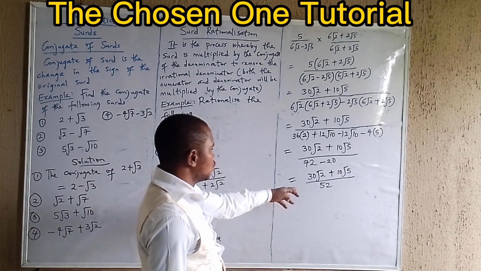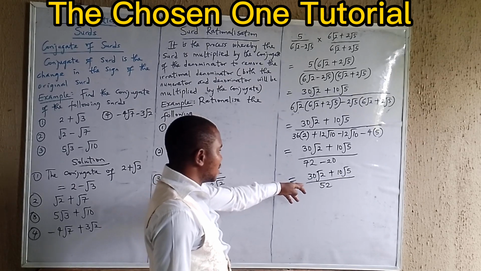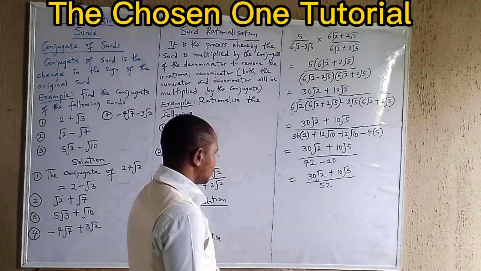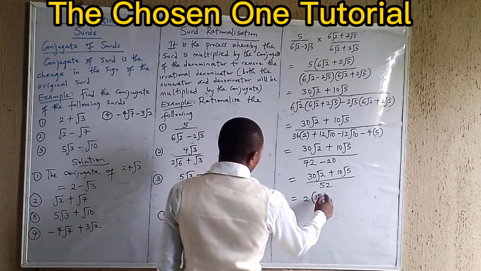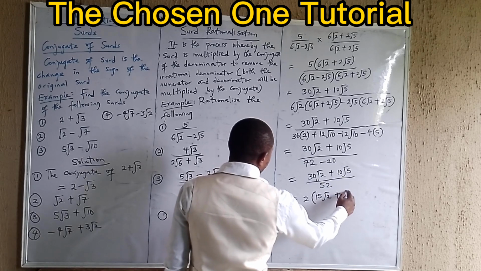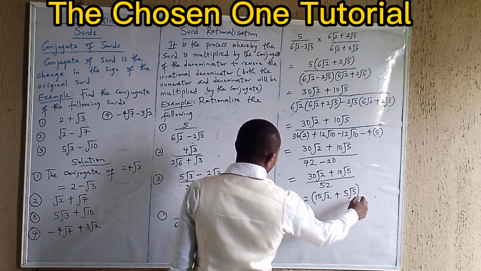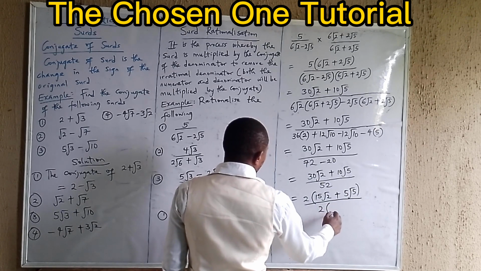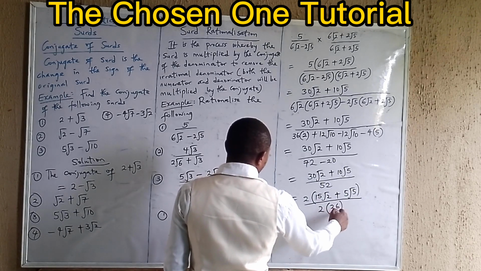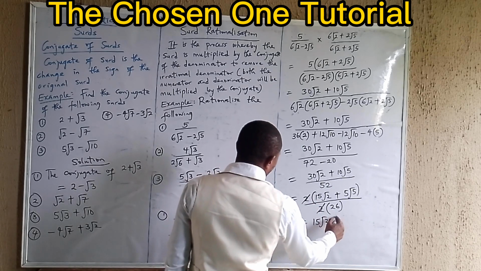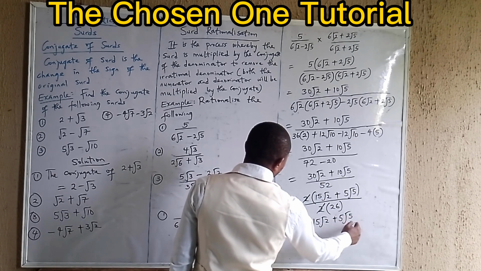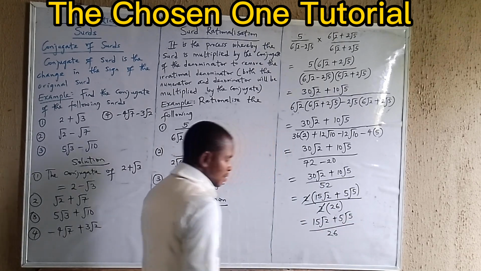Then if you take note, you will discover that there is a way we can reduce this. If we bring out 2, we are going to have 15 root 2 plus 5 root 5 over 2 in bracket of 26. So these 2 eliminate these 2. Then we are going to have 15 root 2 plus 5 root 5 over 26.